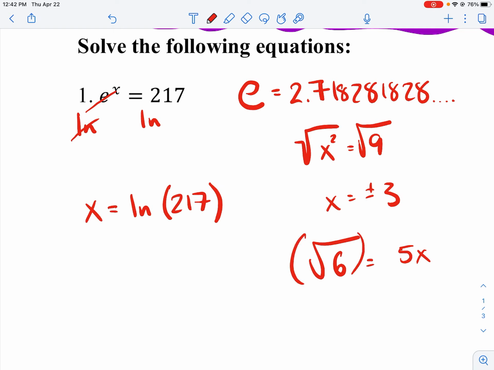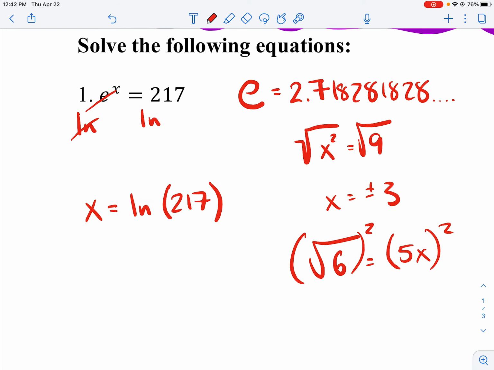We're going to have to square both sides. So we get 6 is equal to 5x squared. Oh, I'm sorry, 25. Either way, what I'm trying to emphasize is that this e and this natural log treat each other like squares and square roots. They just undo the action of the other.